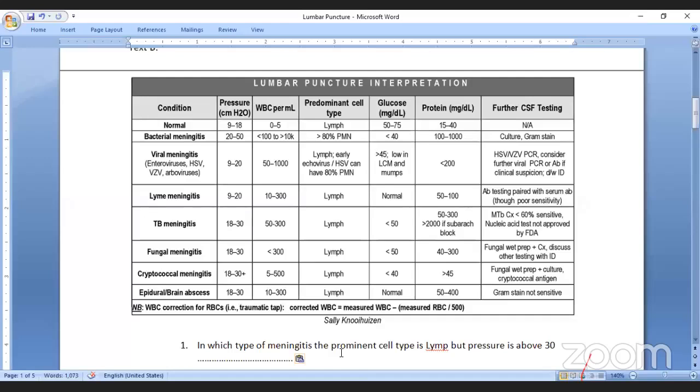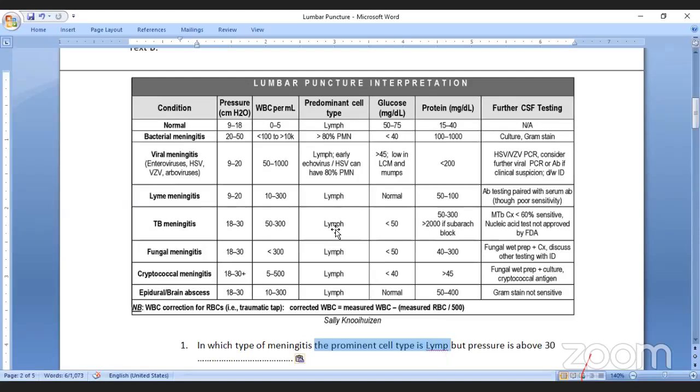So the keyword will be 30. I have to look for the pressure mentioned with a figure of 30s. Let me explain in easy words. First, the prominent cell type is lymph. So you go to the column of prominent cell type and find where lymph is.